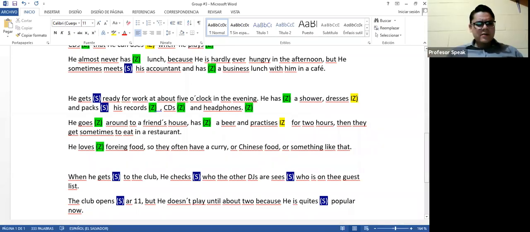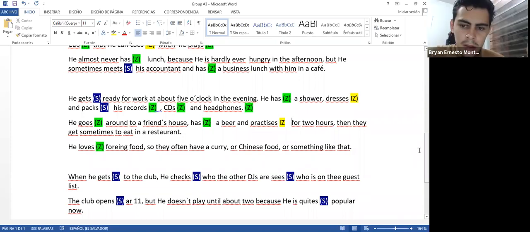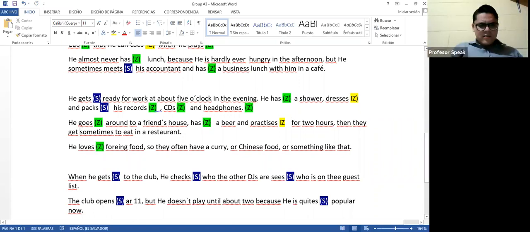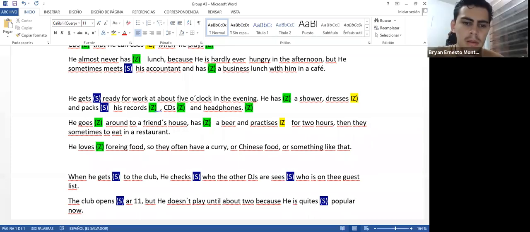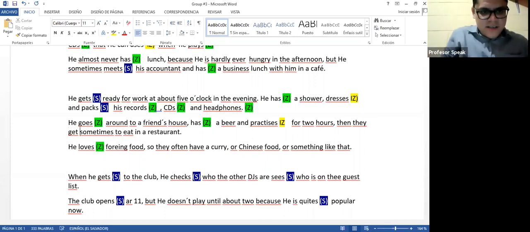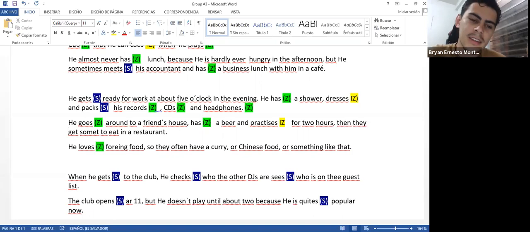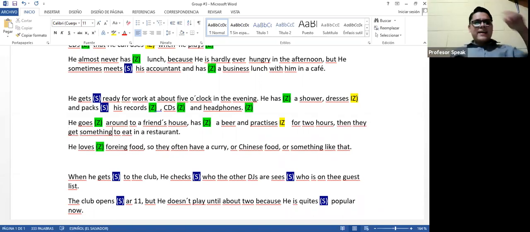Then they sometimes get... I think it's they get something. It's not sometimes, right? Yes. Then they get something to eat in a restaurant.